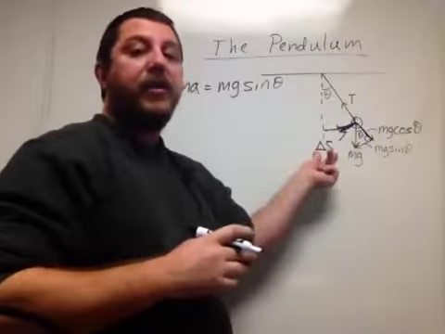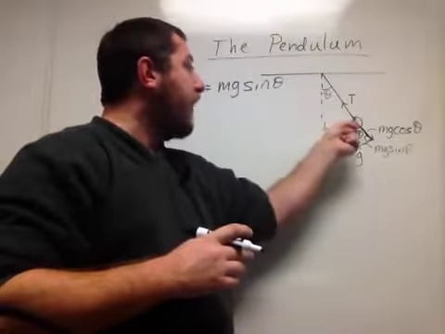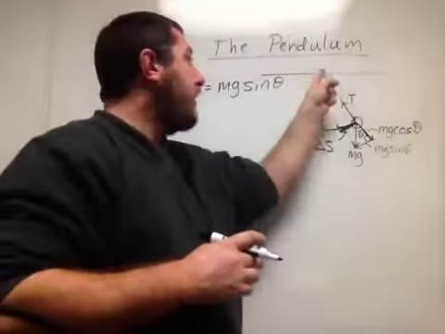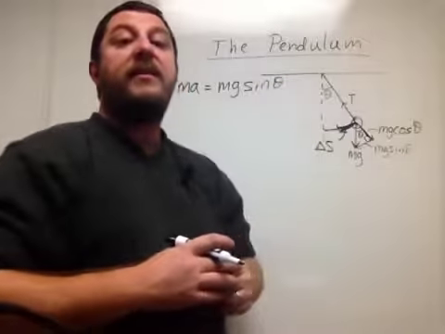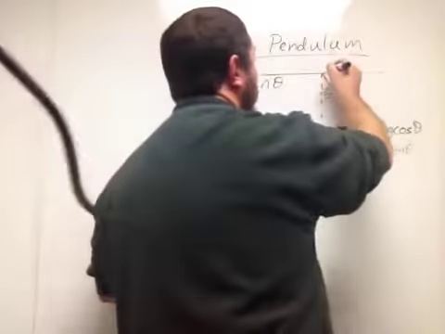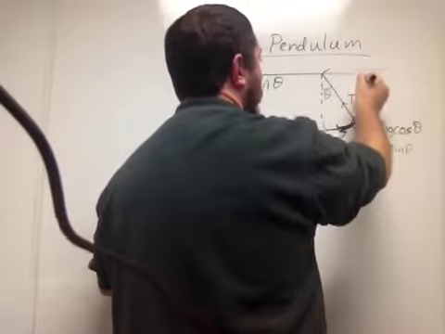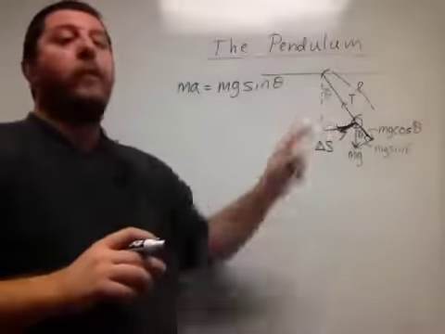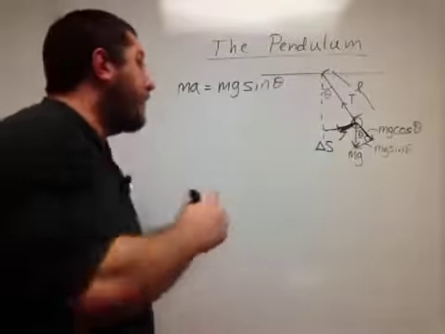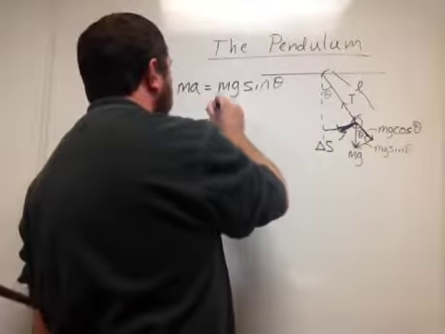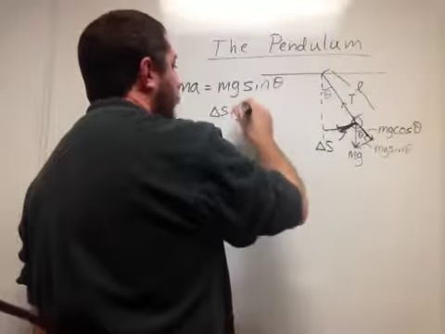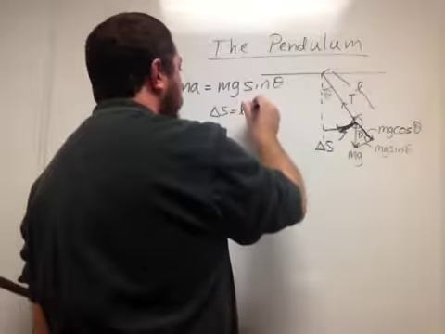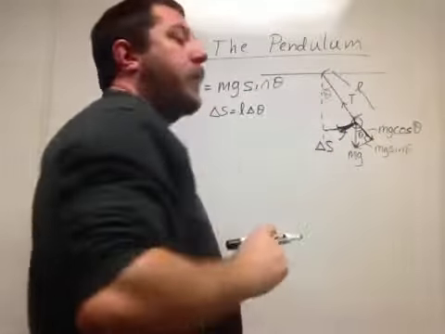And there's a relationship between the length of an arc length, the radius of curvature, in this case the length of my pendulum L, and the angle. And the relationship happens to be delta S is equal to L delta theta, okay?